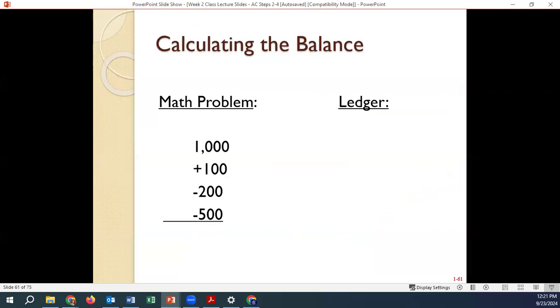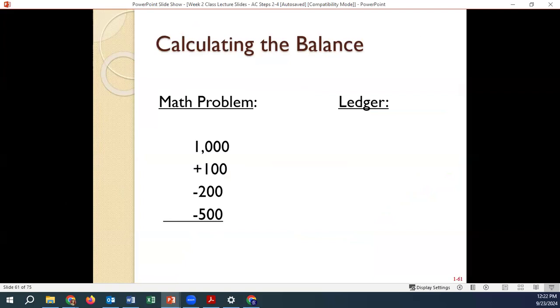Now, the next step I want to talk about is calculating the balance. Sometimes students get confused about how we do that, but it's really a lot more simple than you think. In fact, this is probably math that you did when you were in elementary school, when you added positive and negative numbers.